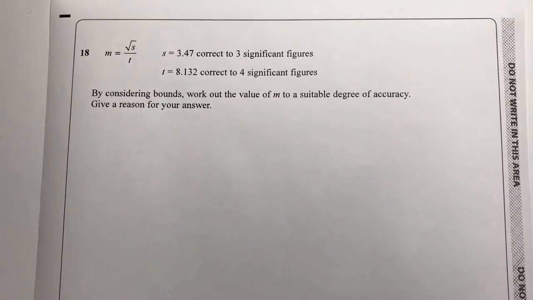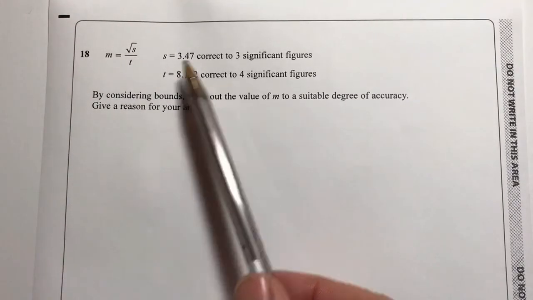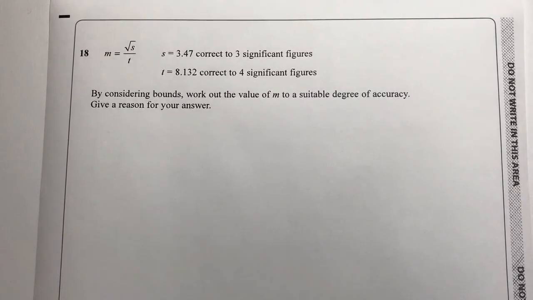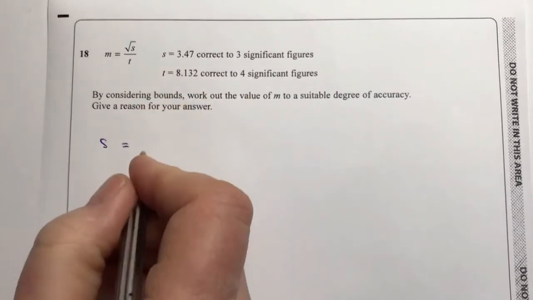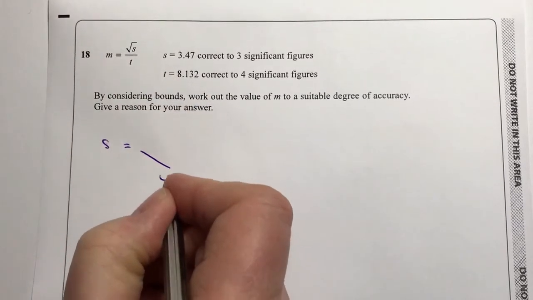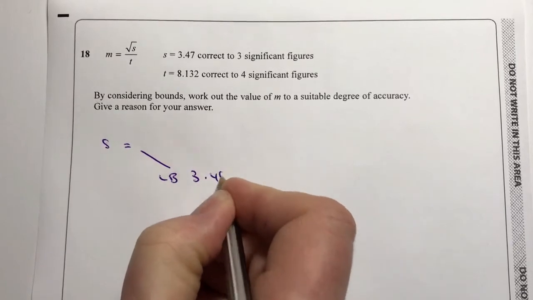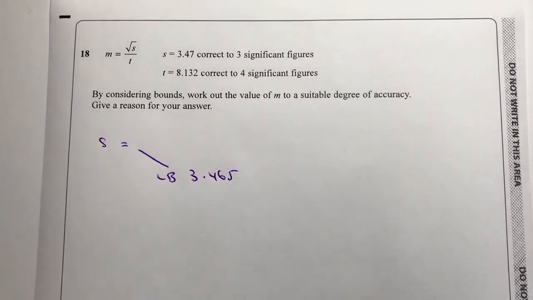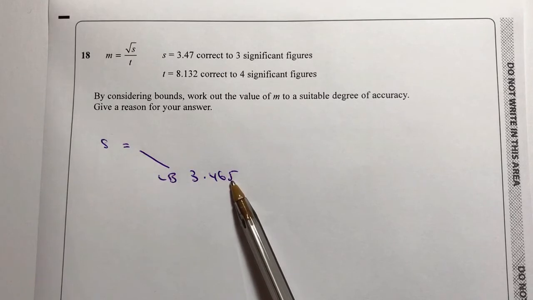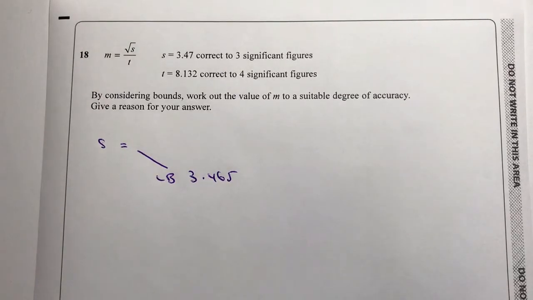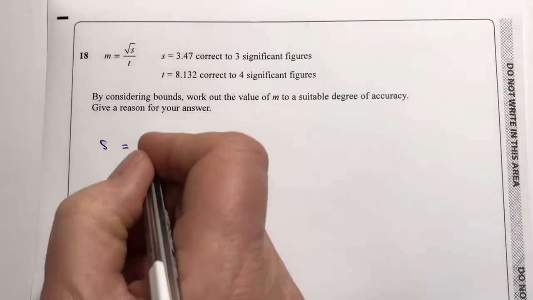So if we have a measurement of 3.47, which is correct to 3 significant figures, then we could say that the lower bound of S is going to be 3.465, because if I then look at that number correct to 3 significant figures, it would be 3.47, because 5 is the lowest it could be. Now bear in mind, this is not rounding up or rounding down. What we're doing is we're looking at tolerances.